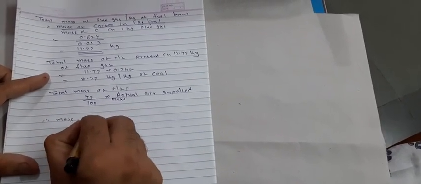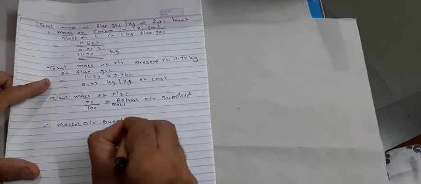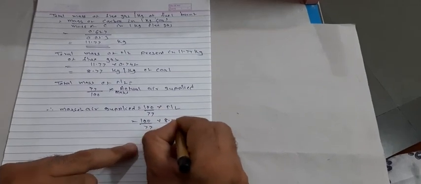Therefore, mass of air supplied is equal to 100 by 77 multiplied by mass of nitrogen, 100 by 77 multiplied by 8.77, 11.4 kg. Here we get our second answer.